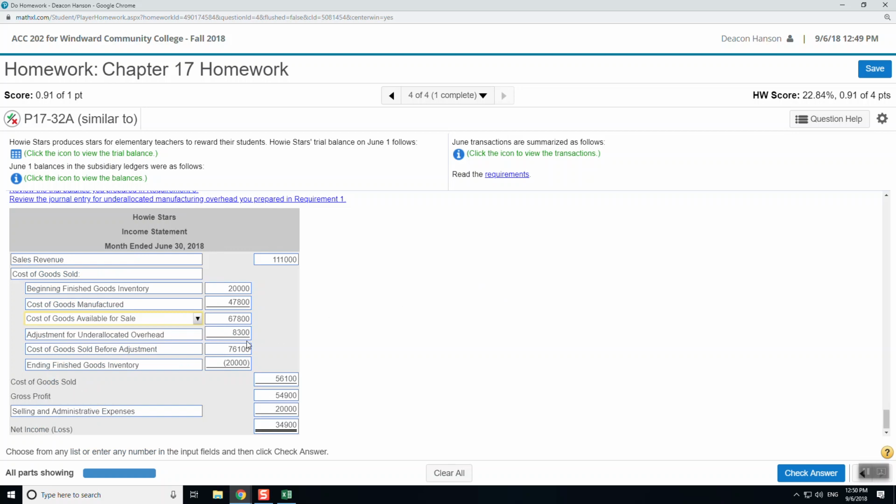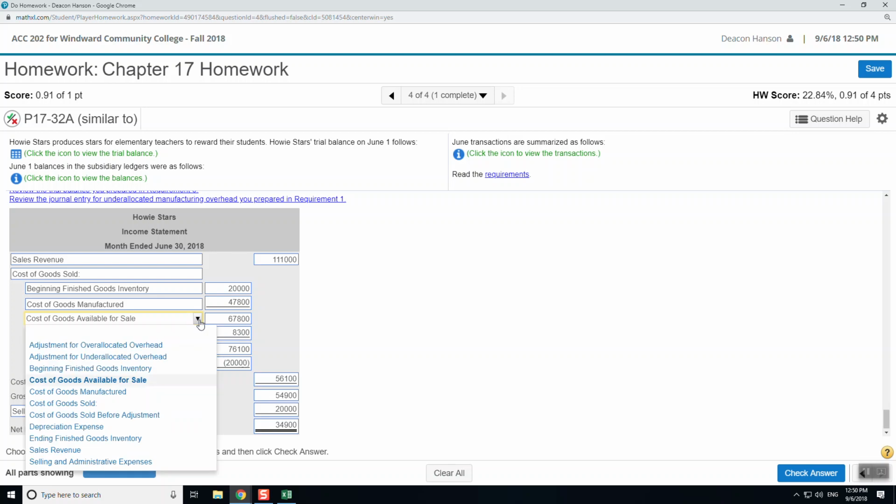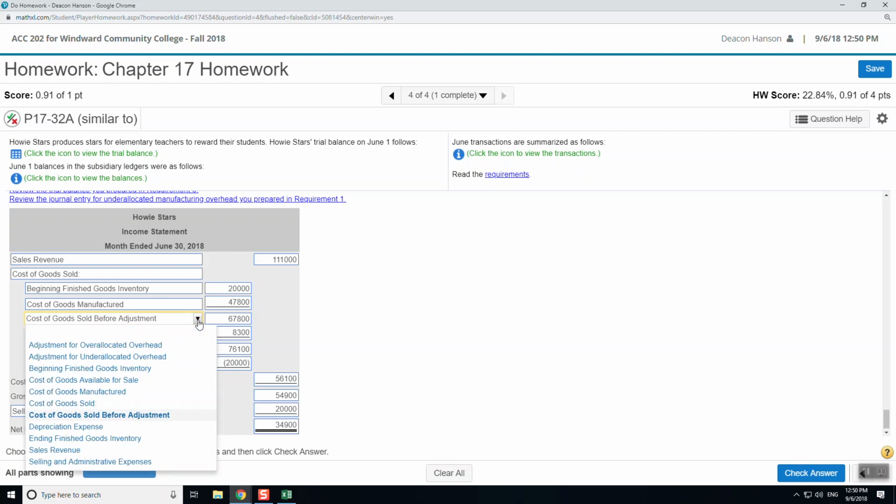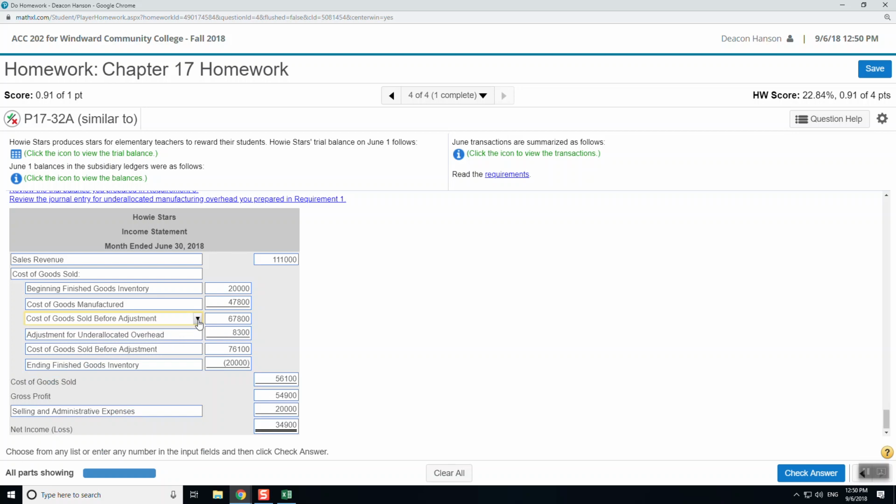Wait a minute. But the adjustment is up here. Oh, yeah, opposite, right? So this is cost of goods sold before adjustment. And then that's the available for sale. I think the adjustment is going to have to go down here. Okay. Let's see.